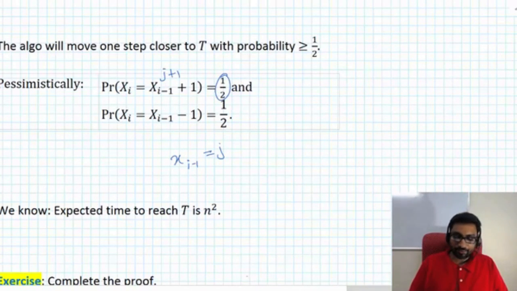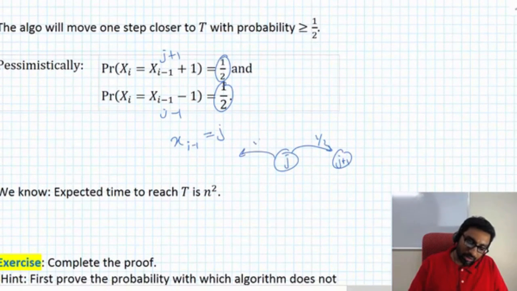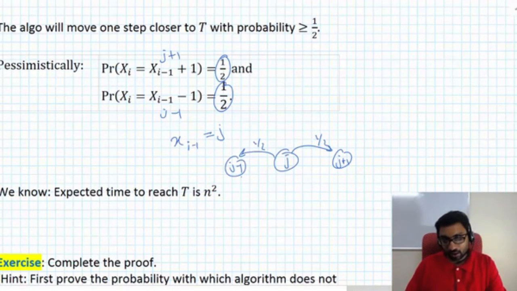We're going to assume that that's a half. And what's the probability that xi equals j minus 1? That's also equal to a half. So you can think of this as a random walk in which from j with probability half we go to j plus 1, with probability half we go to j minus 1.